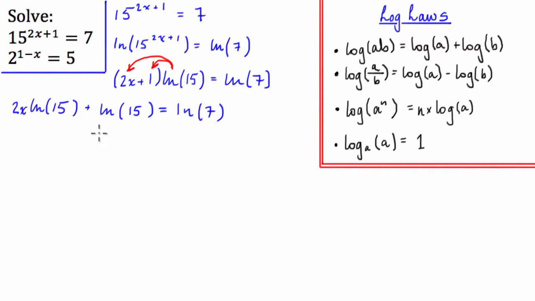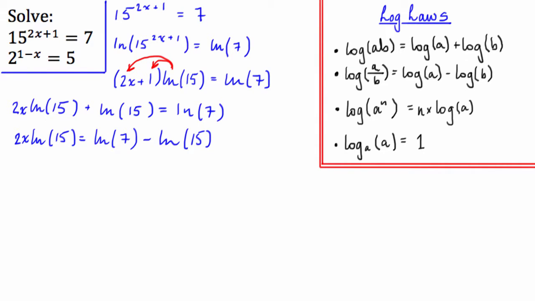Now I can take the ln 15 over to the other side by minusing it from both sides, leaving me with 2x ln 15 is equal to ln 7 subtract ln 15. Next I'm going to divide both sides by the natural log of 15.